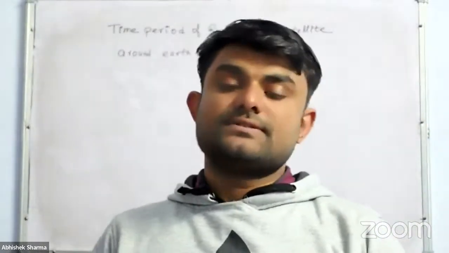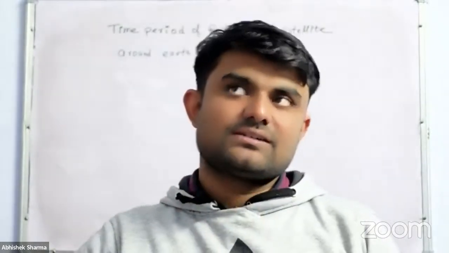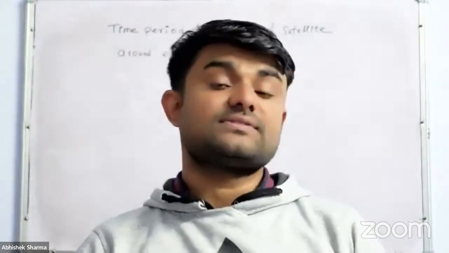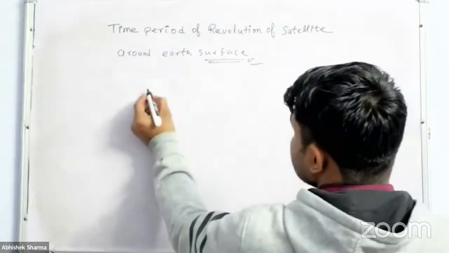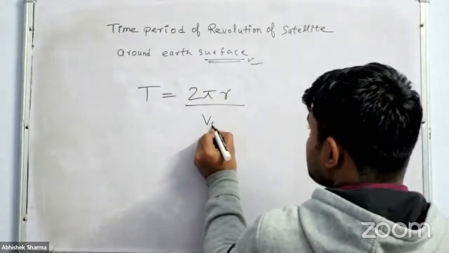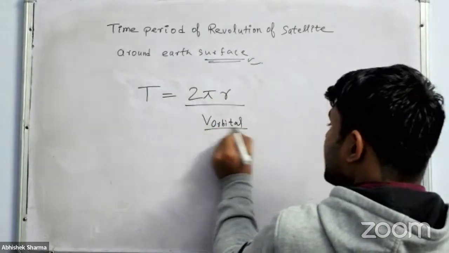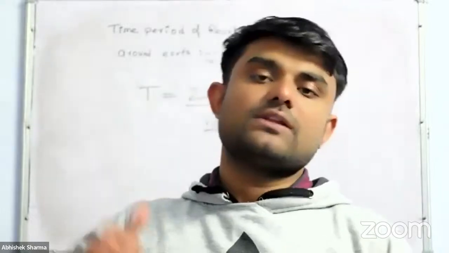If a satellite is orbiting around the Earth, in circular motion, it covers the circumference of the circle, that is 2 pi r. Because the satellite is moving with the orbital velocity, I'll put orbital velocity in the denominator of this time period formula.